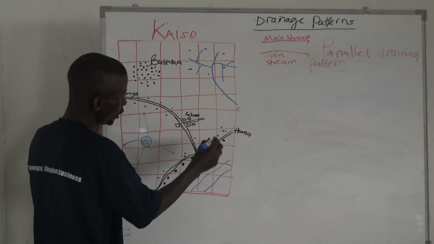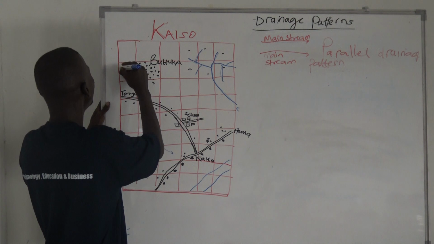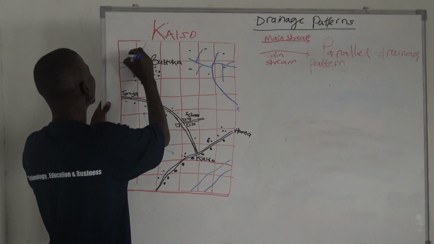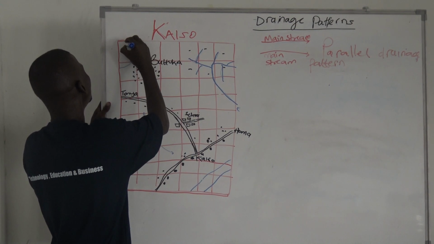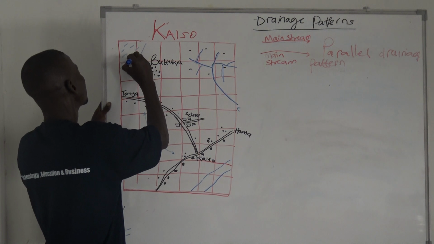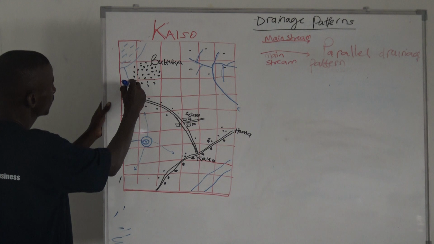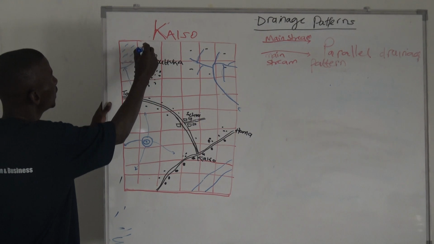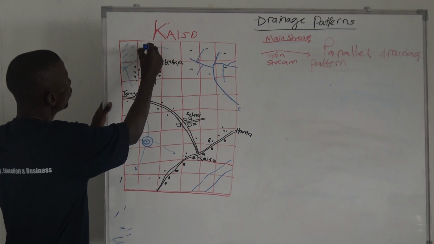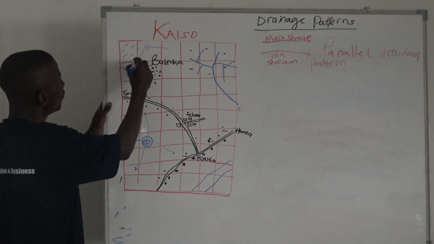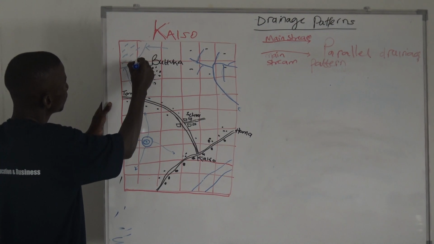Usually the centripetal drainage pattern is seen where rivers come from different directions and pour water in the same area.